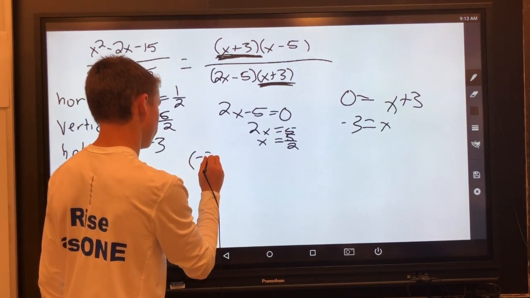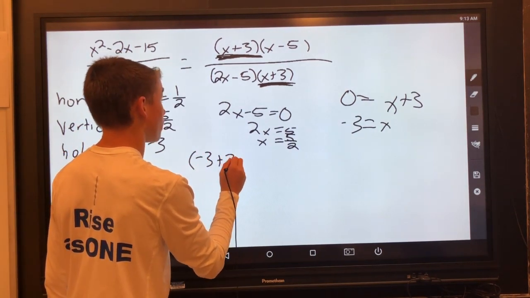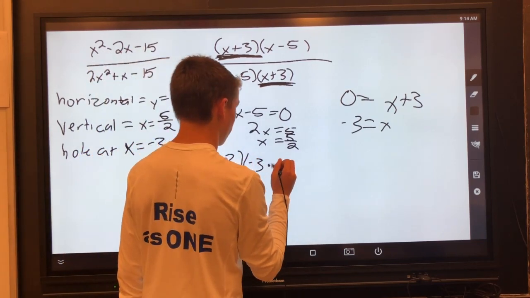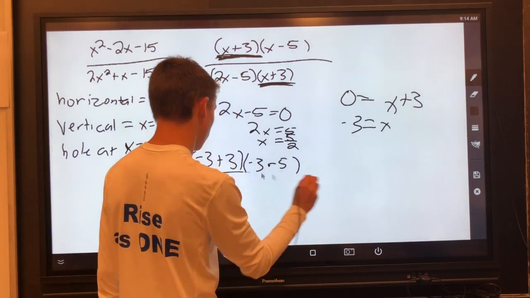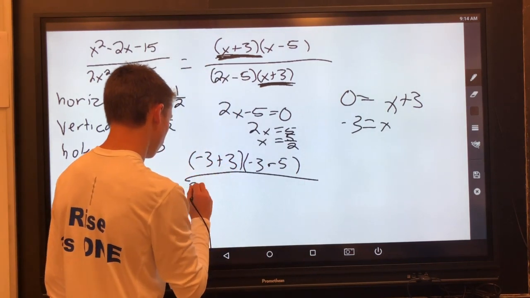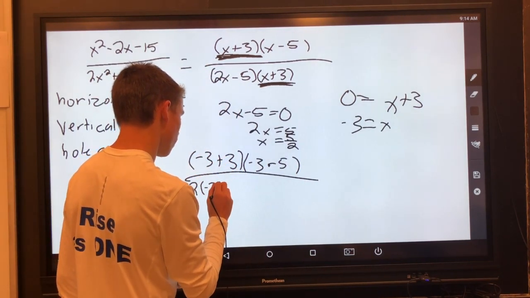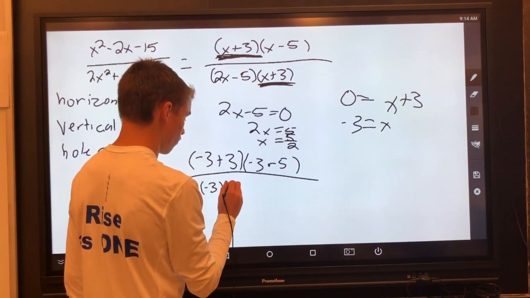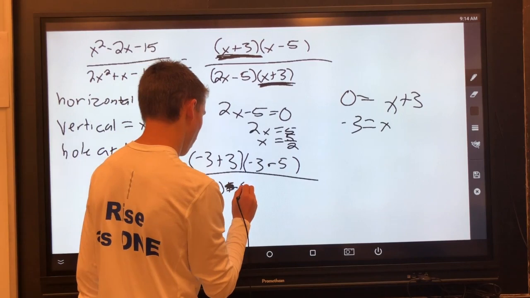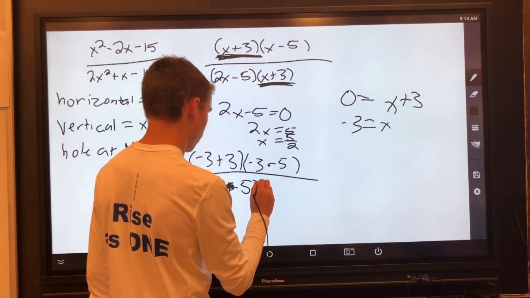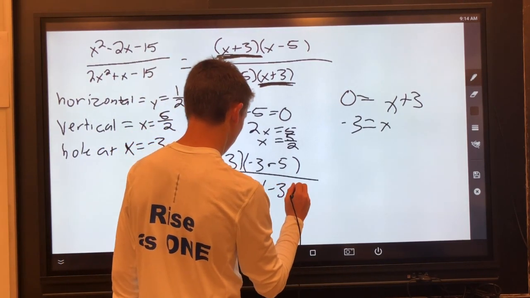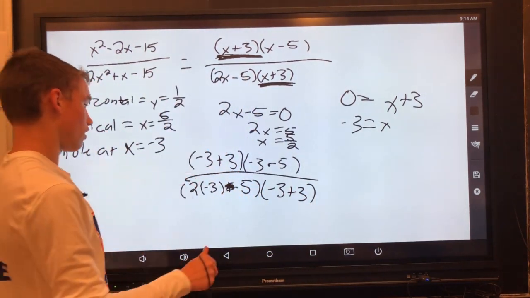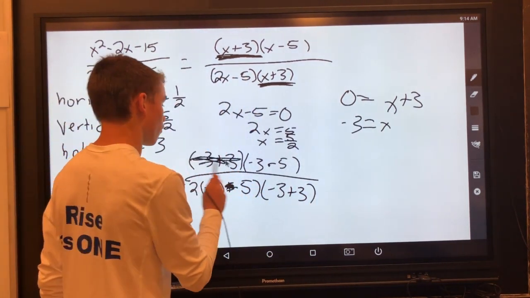So negative 3 plus 3 times negative 3 minus 5 over 2 times negative 3 minus 5 times negative 3 plus 3. The first thing that you notice is that these are going to cancel out and equal 0.